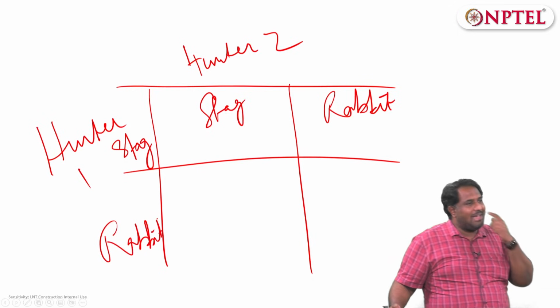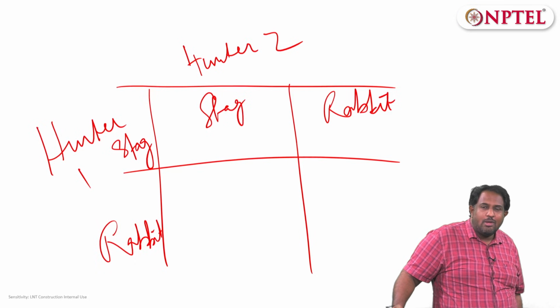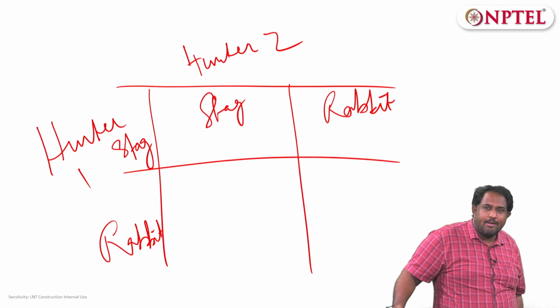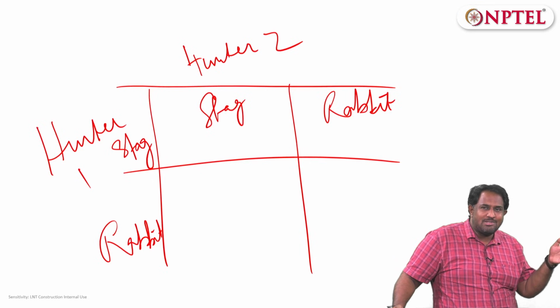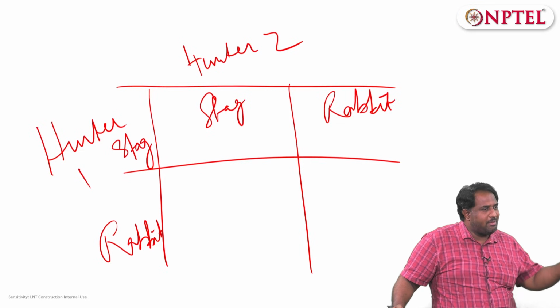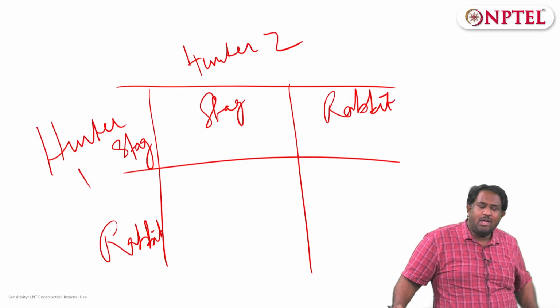Stag is a much bigger animal, and the way this game was built on the logic that it's very difficult to catch a stag alone, right? The animal is unwieldy, it's a bigger animal, right? I mean, intuitively, you know that, one guy running after a stag, it's going to be difficult.